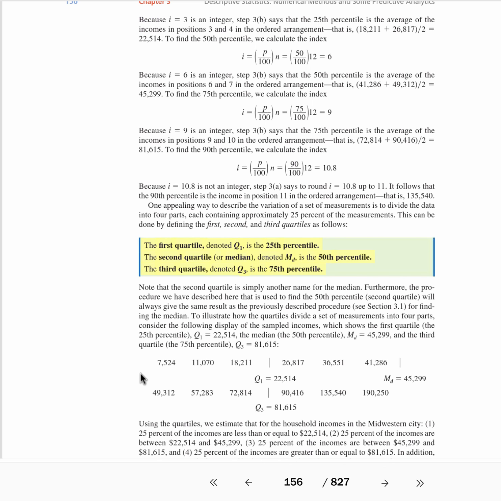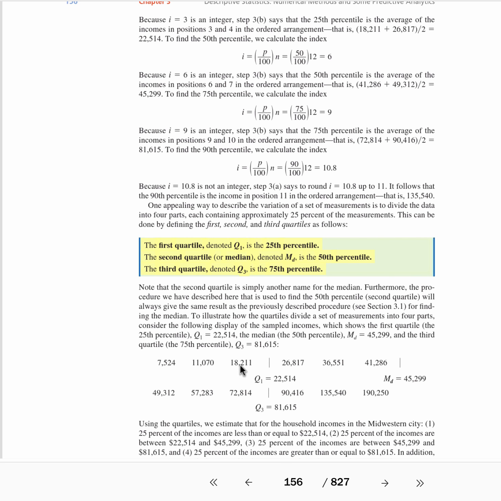So here's your data. The rules for creating the 5 number summary of your data is to pick the lowest number in your data, which is the house income equal to 7,524. We'll consider it your first point, number 1.